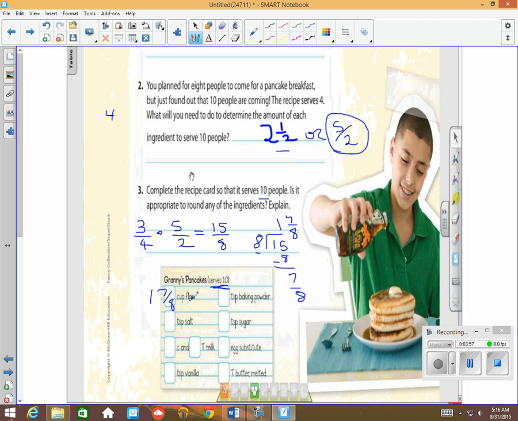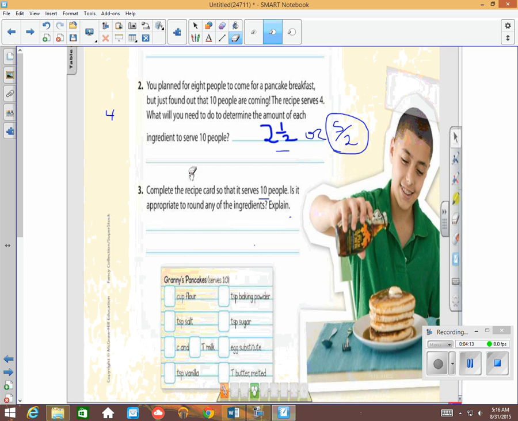I'm going to do a couple for you, and then you're going to do the rest. Let's look at how much salt. It looks like it was 1/4 of a teaspoon of salt. I'm going to erase this really quick. So we're going to have 1/4 times what?